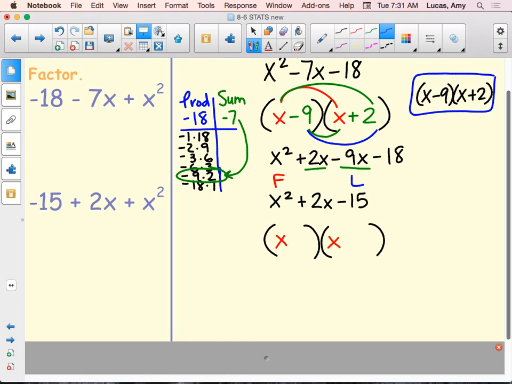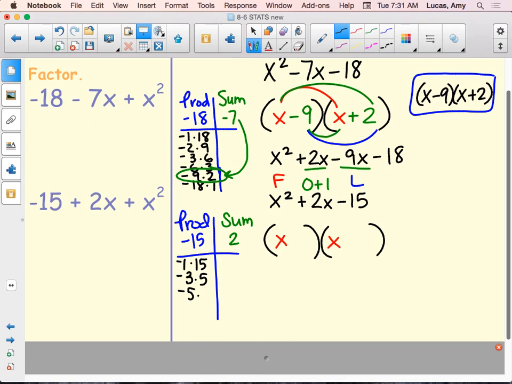My last product, negative 15, so I need a product of negative 15. And then my sum has to be positive 2. So negative 1 times 15, negative 3 times 5, negative 5 times 3, negative 15 times 1.